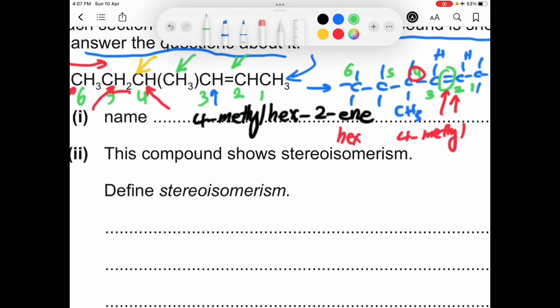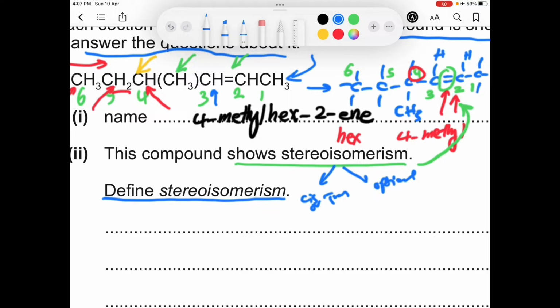The double I question is related to the answer in here. Just put in your mind. And it says that this compound shows stereoisomerism. So once we say stereoisomerisms, we're dealing with cis or trans or optical isomers. So this question says define the stereoisomerisms. So we have keywords.